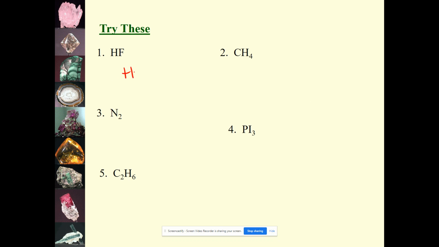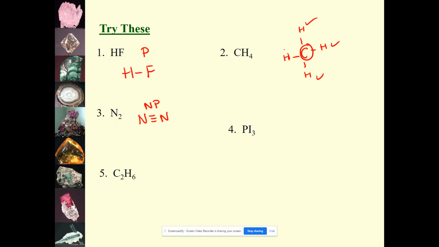Okay, so HF, the bond is polar, so the molecule is polar because they have different electronegativities. N to N have the same electronegativities. The bond is nonpolar, and that's the only thing making up the molecule, so the molecule is nonpolar. CH4, we already did this example earlier, but just a reminder, it's tetrahedral around the carbon.